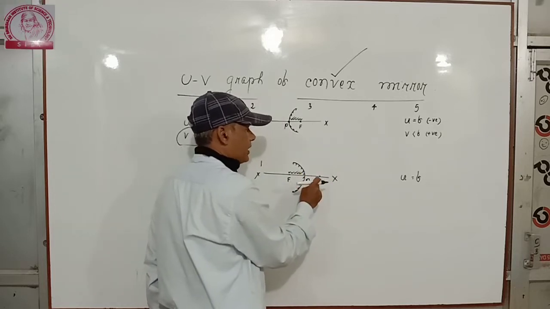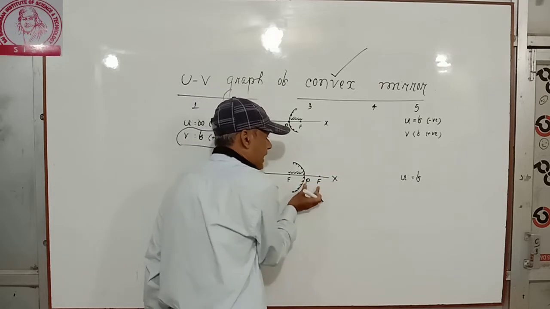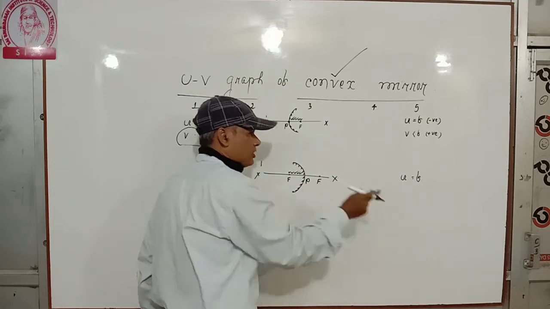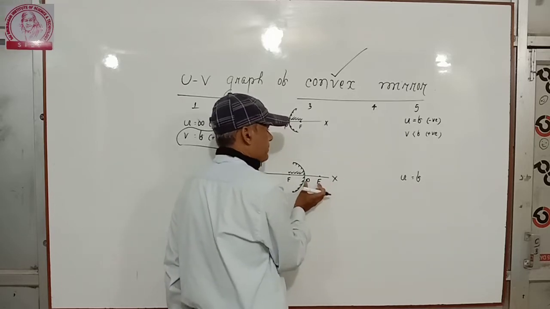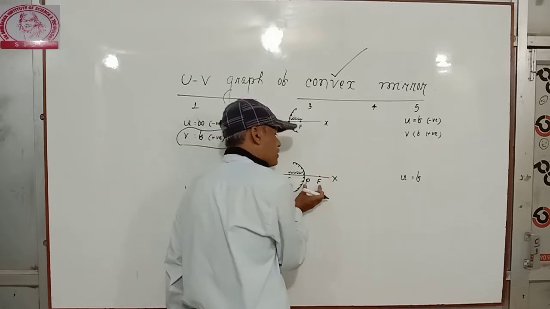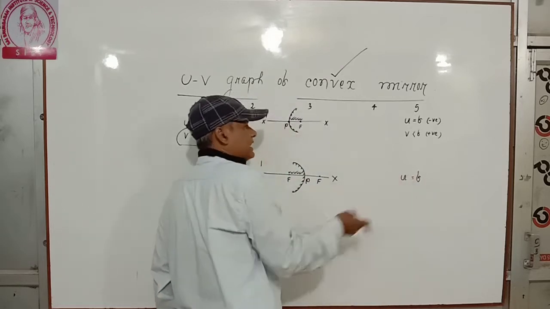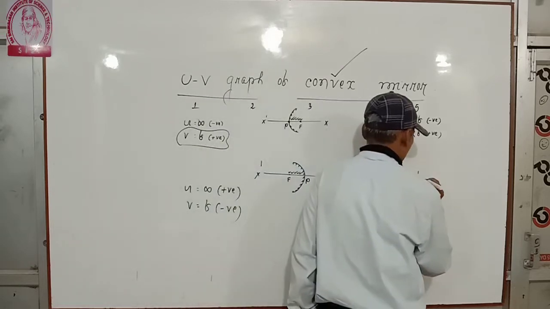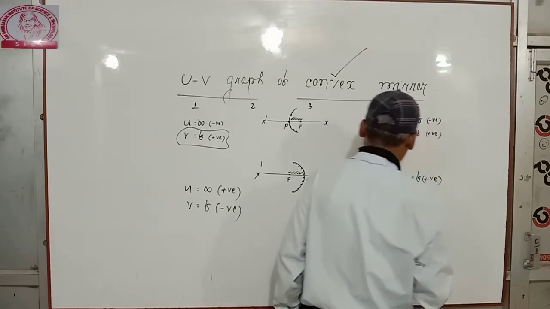So U is equal to F and the focal length is positive, means U is positive. U is equal to F because the object is here. So this is the focal length, this is also U. So U is equal to F and it is positive. Okay.